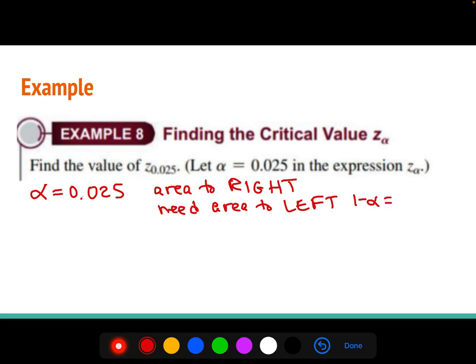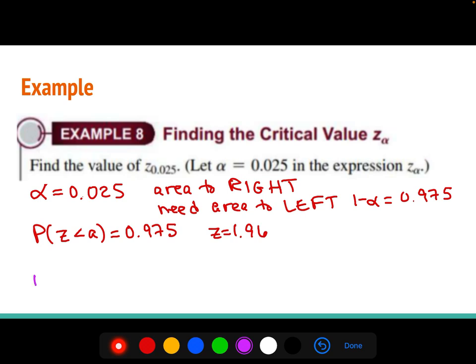So we're going to do 1 minus alpha, and that's going to give us 0.975. So we want the probability that z is less than z alpha is equal to 0.975. And when we look at our chart, z is the score 1.96.